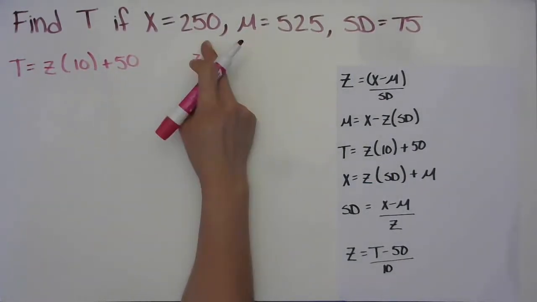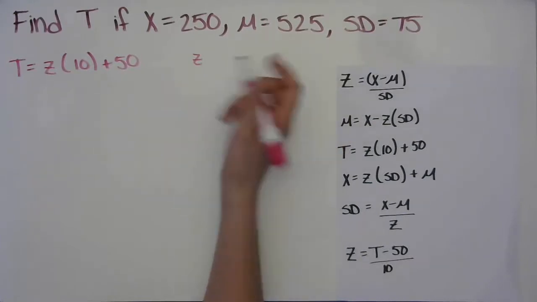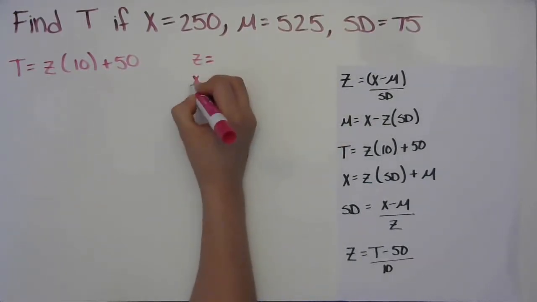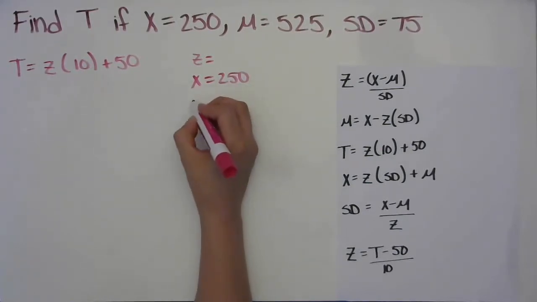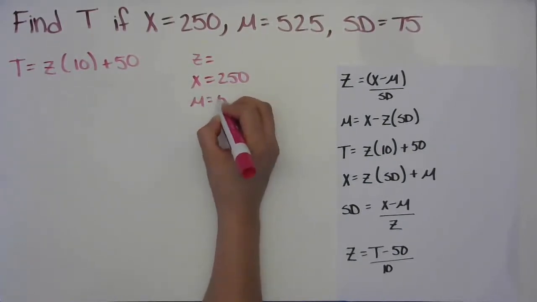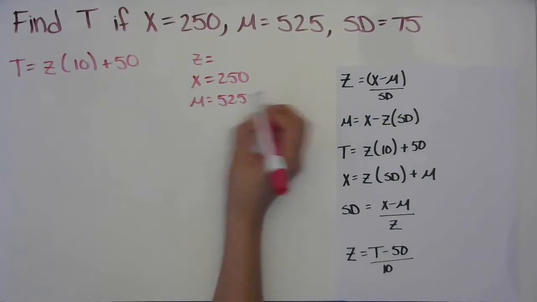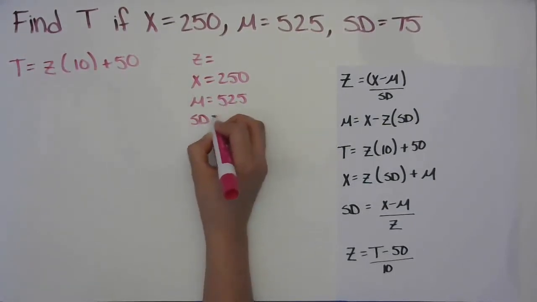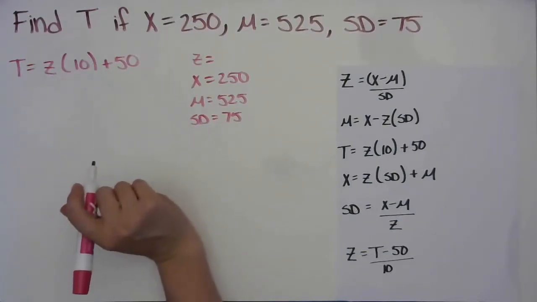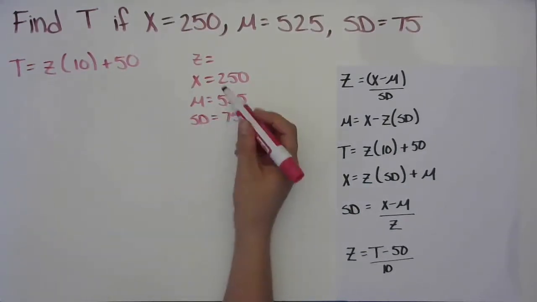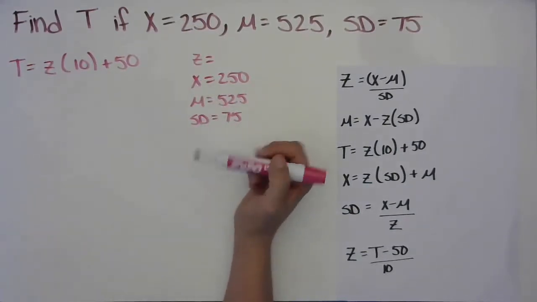Okay, so in order to find this, we need a z-score. We do not have a z-score listed anywhere in here. But we have an x of 250, a mean of 525, and a standard deviation of 75. So let's look and see if we can find a z-score formula that requires the x, the mean, and the standard deviation.